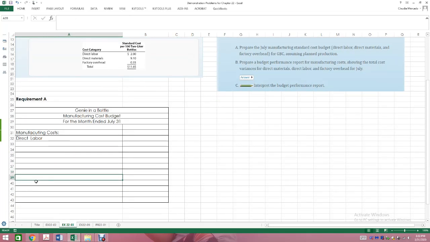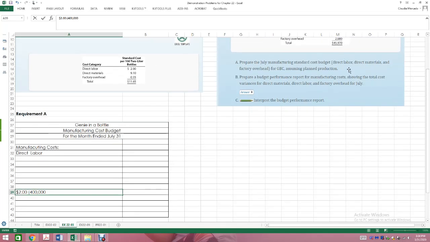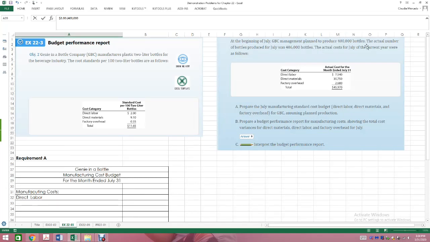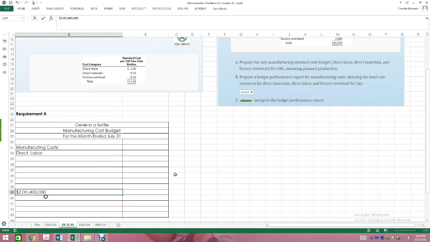So how am I calculating this? Well, my direct labor, it says right here that it's $2, and I know that I'm going to manufacture 400,000 bottles. That is how much the standard is. And I am going to divide by 100 units, because we are spending $2 for every 100 2-liter bottles, okay?